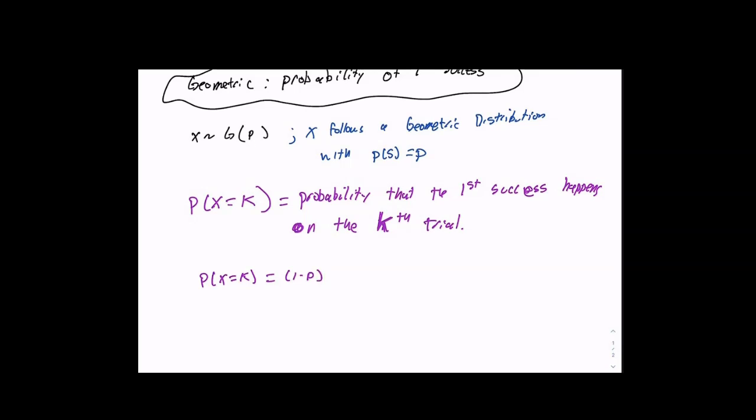For example, if I told you the first success happens on the 10th try, how many failures happened before? 9. Perfect. How did you get that? Because you said the first success was the 10th, so all the other ones had to be failures.